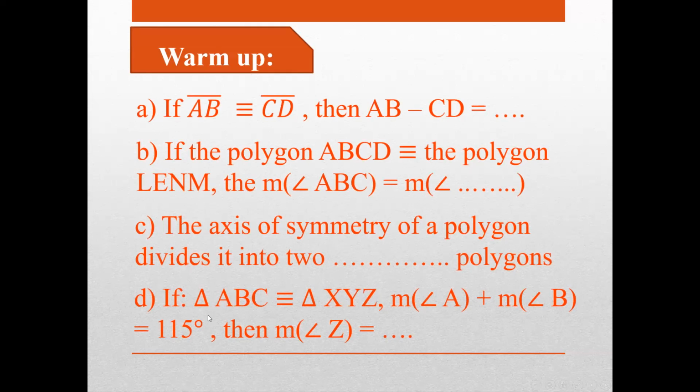If angle A plus B is 115, the measure of angle C will be 65 degrees.